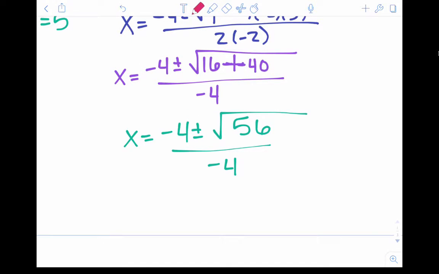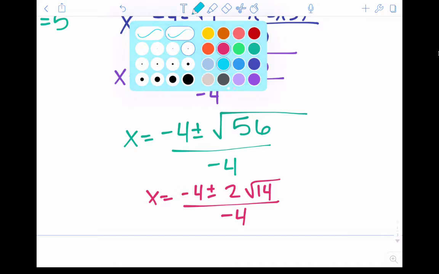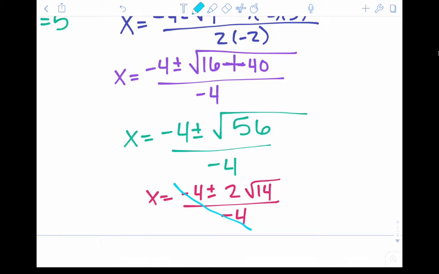Square root of 56 simplifies to, 56 is 4 times 14. So this is negative 4 plus or minus 2 rad 14 over negative 4. So now I have my Bermuda triangle. So I have negative 4, 2, and negative 4.